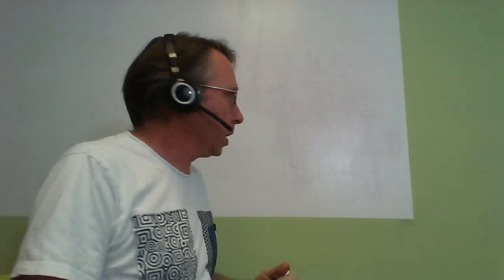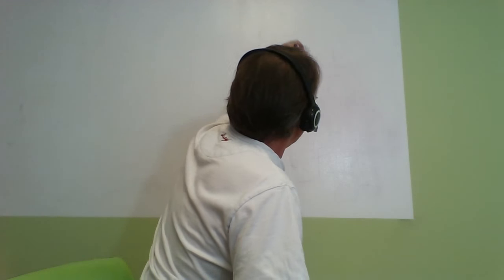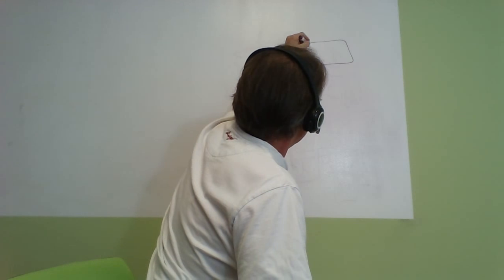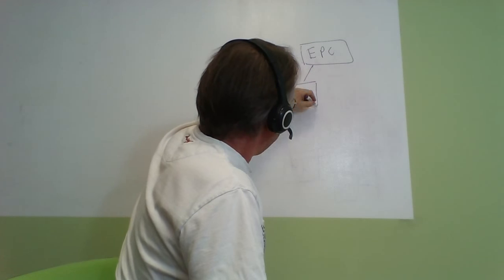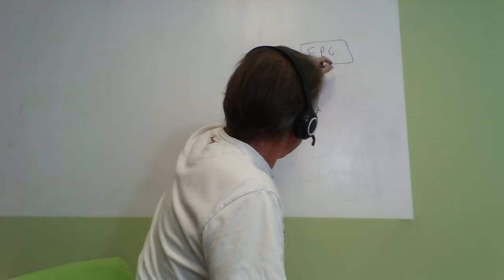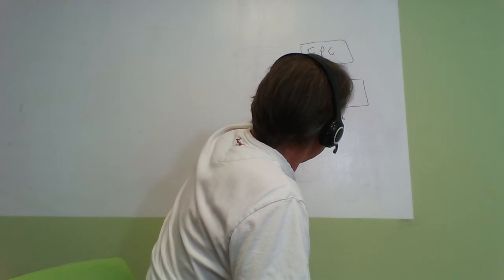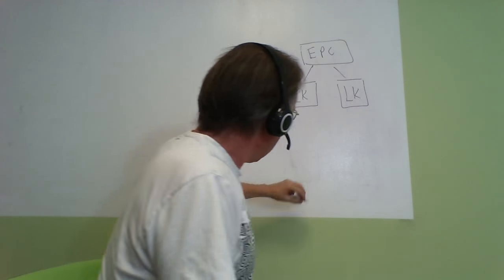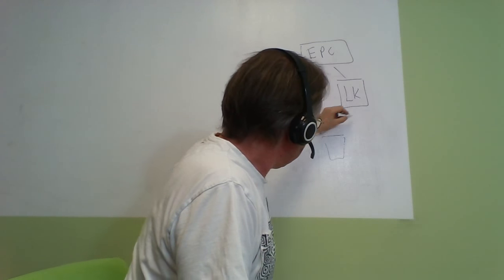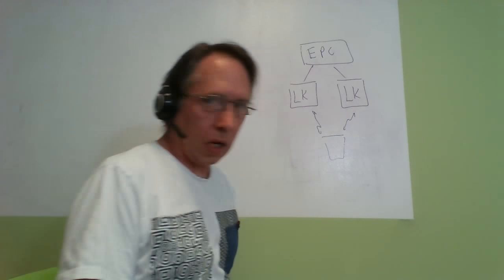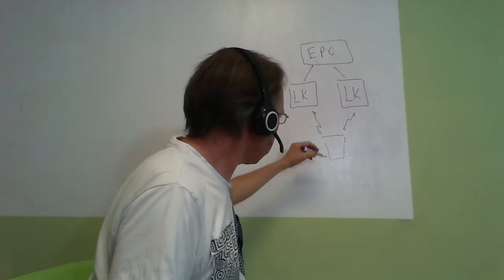In the mobility case, we have a common core network, common EPC, that is, all packet core. Let's say you have two LabKits connected to it, and you have the device under test that is potentially in communication with both LabKits.